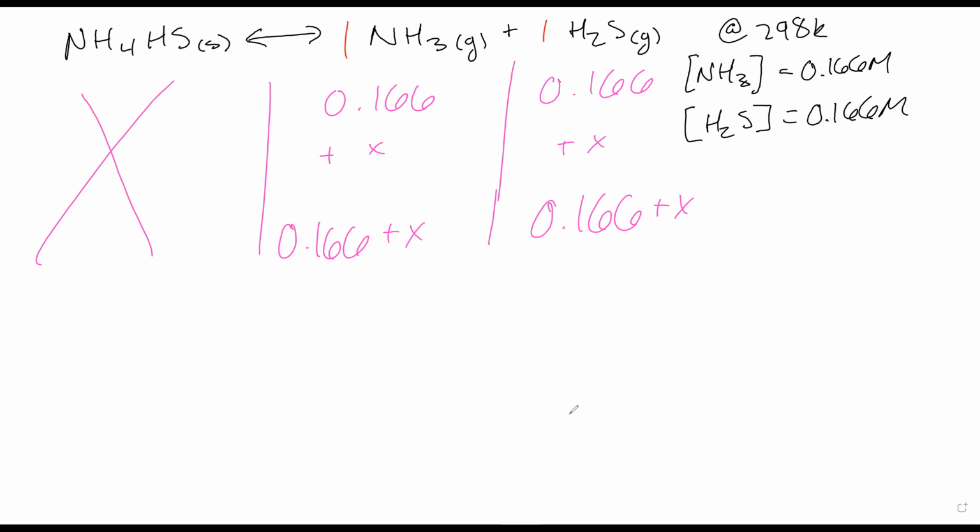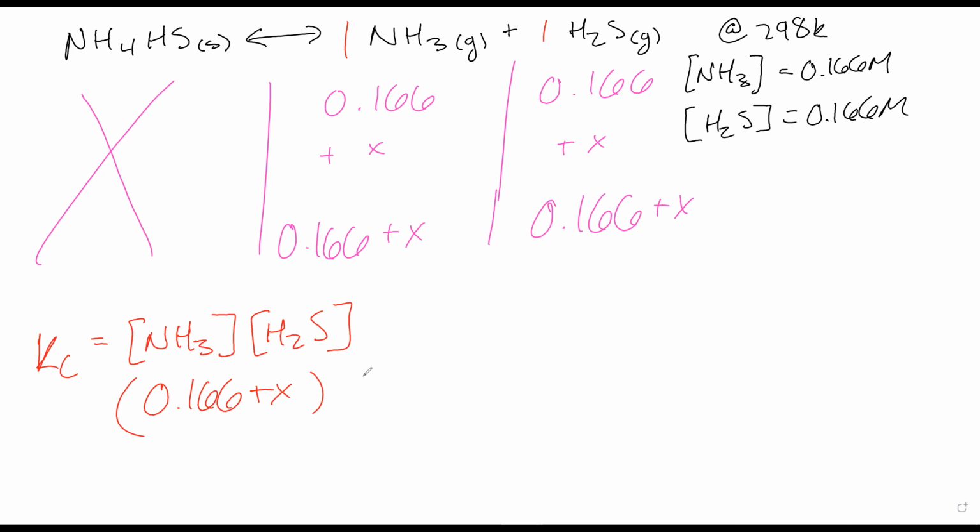So now we plug it into Kc. Kc is just the concentration of NH3 times the concentration of H2S. And we know that it's just going to be 0.166 plus X times 0.166 plus X. And they do give us Kc.